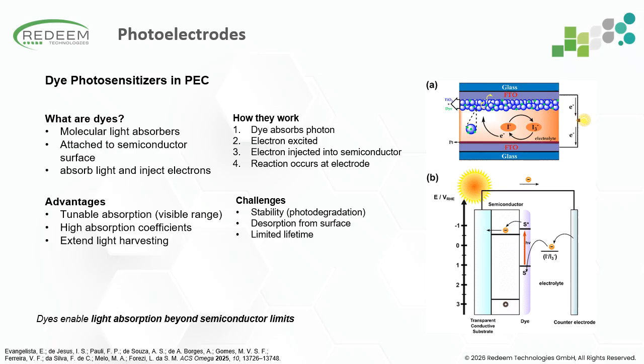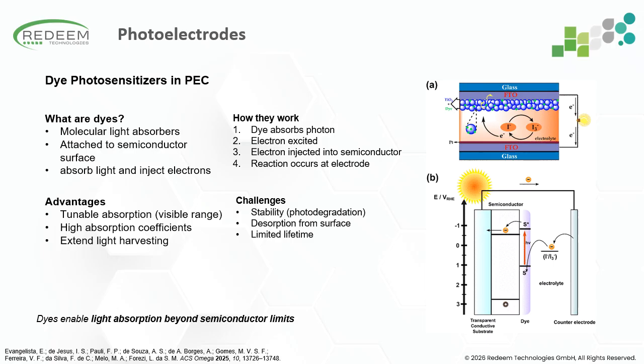The oxidized dye is then regenerated by a redox mediator in the electrolyte, and this allows the cycle to repeat. The main advantage here is that the dye can be tailored to absorb different parts of the solar spectrum, extending the light harvesting beyond the intrinsic absorption limit of the semiconductor.